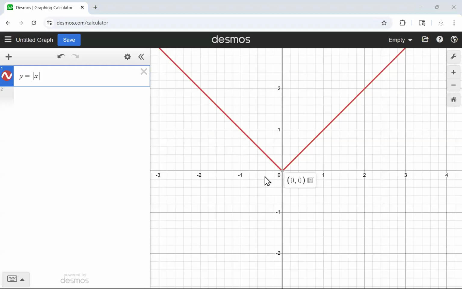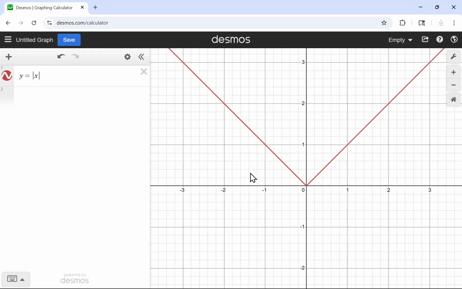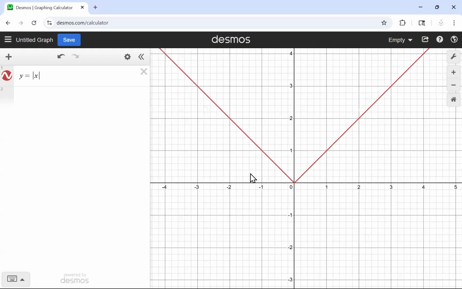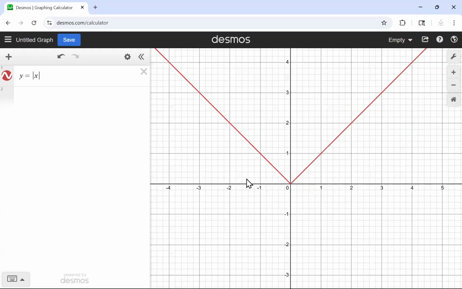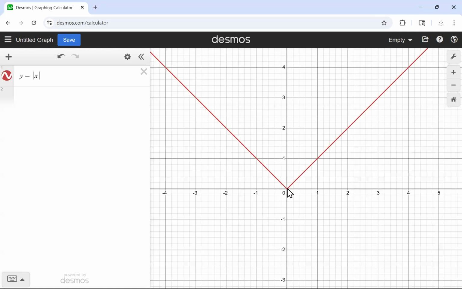Hopefully everyone could recognize that that was a shifted version of our base function that was absolute value of x. So here's the absolute value of x. The only reason I bring this up is because notice that once again, our key point here, the bottom of this V, is the origin. And once again, we're going through the point 1, 1.